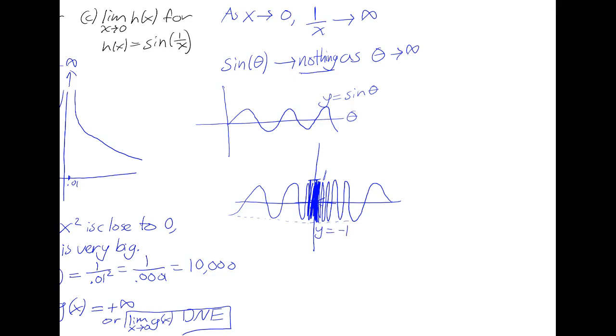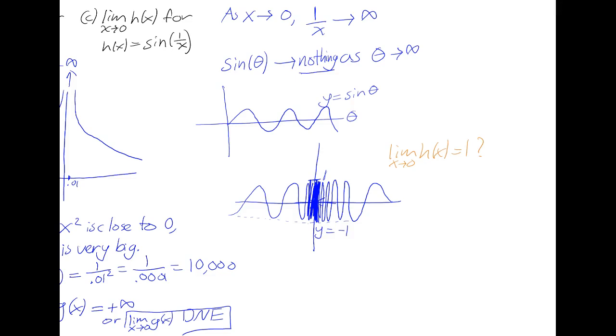So this is a weird example because it is approaching every one of these numbers in between an infinite number of times as it goes up and down forever. Just like sine of theta goes up to 1 an infinite number of times, and it goes to negative 1 an infinite number of times. But the problem is that's not the limit. If you say, well, maybe the limit is 1, is the limit equal to 1?